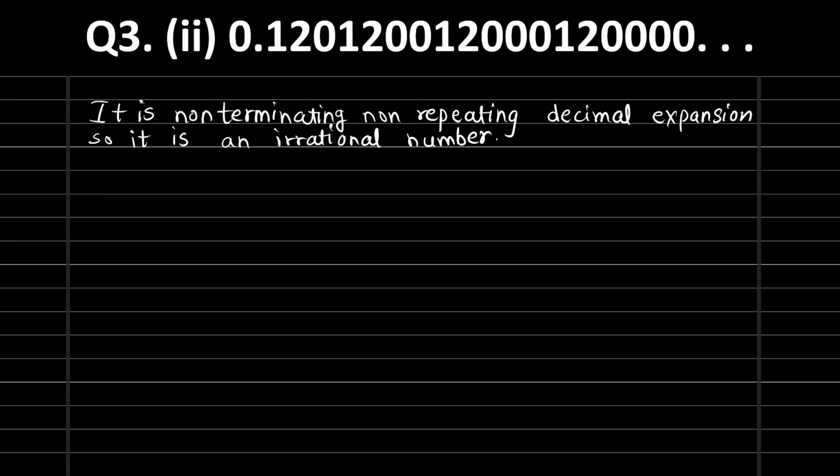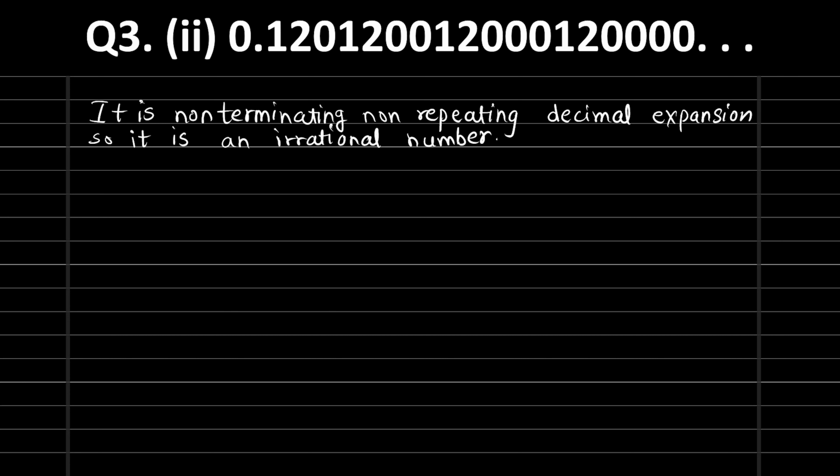So what we need to check over here is whether the decimal expansion is terminating after a certain point of time or not. If it is ending, then we will call it a terminating decimal expansion. If it is not ending, we have to check whether there is any pattern which keeps on repeating or not. In this case, there is no pattern which is repeating, right?